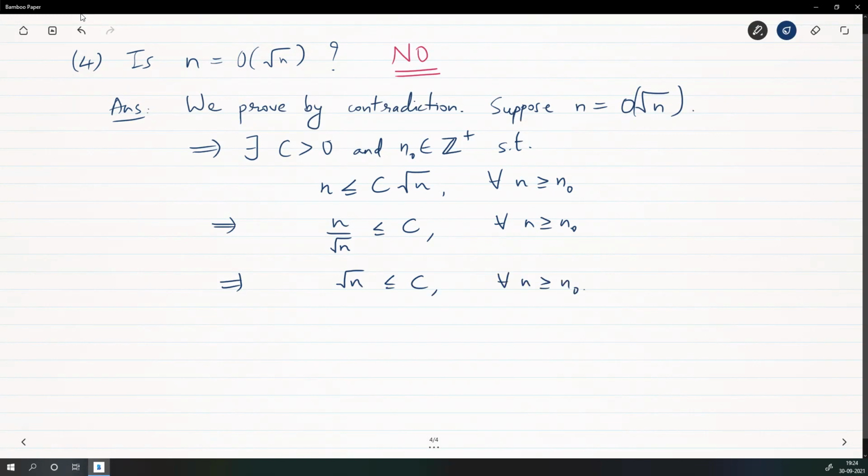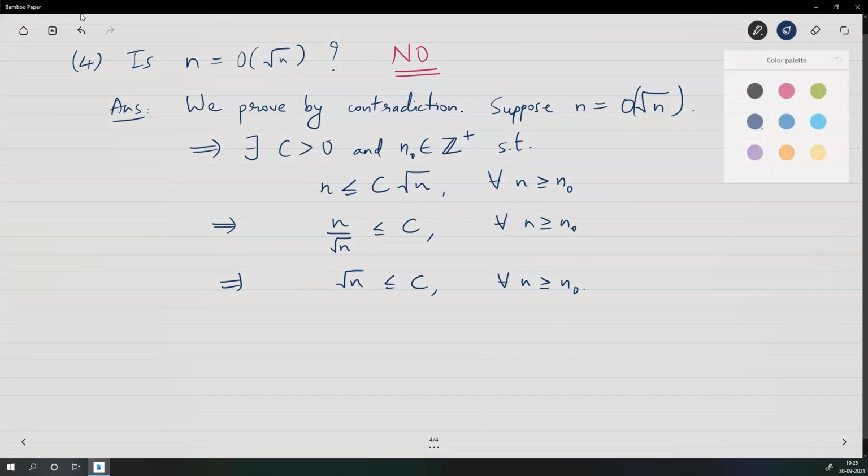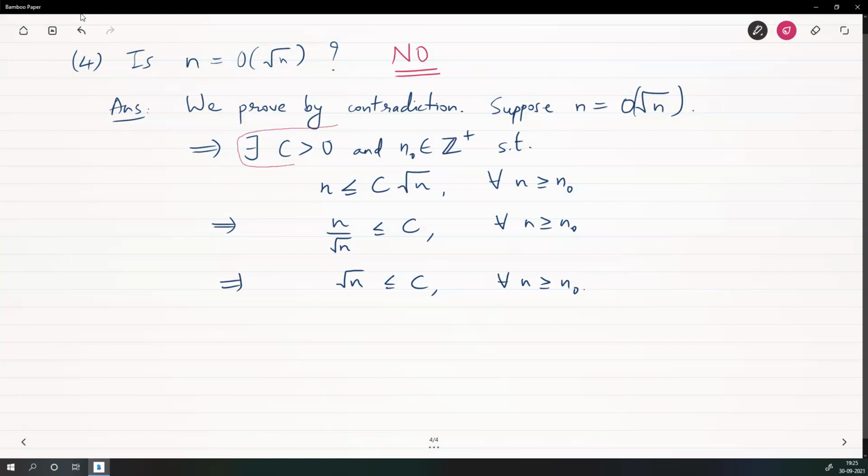At this point, we have a trouble. Do you see why? The problem is that n is greater than or equal to n naught, and this is true for all n, so you can take n as large as you want. But c is a fixed number. c is a fixed positive number, right? There exists, that's what we have said, a c which is fixed and positive.